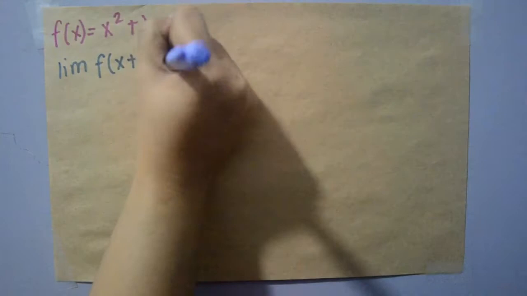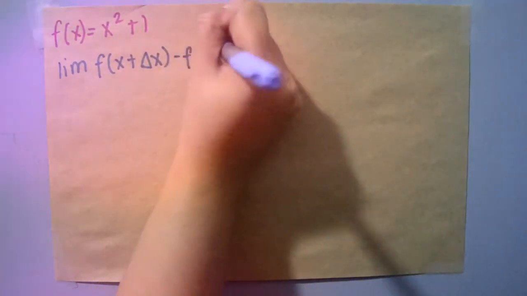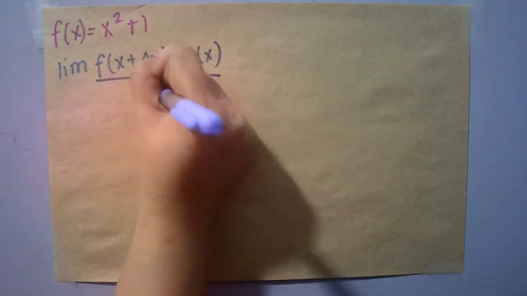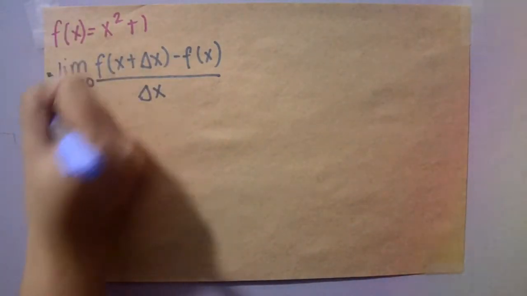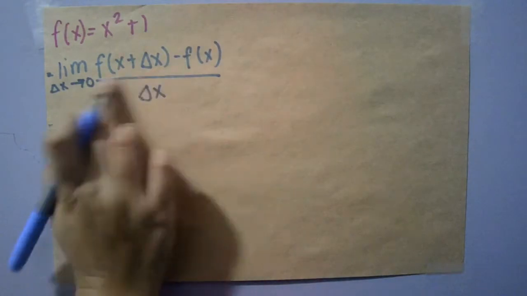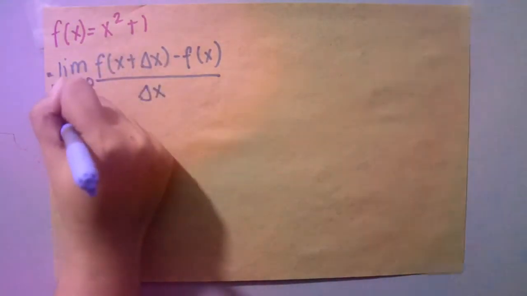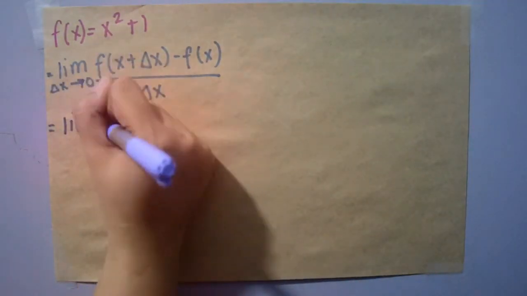Limit of f of x plus delta x minus f of x all over delta x as delta x approaches 0. We are going to square x plus delta x since the function is in square.